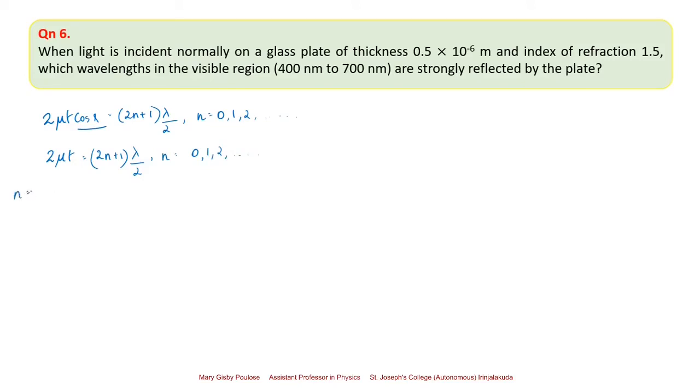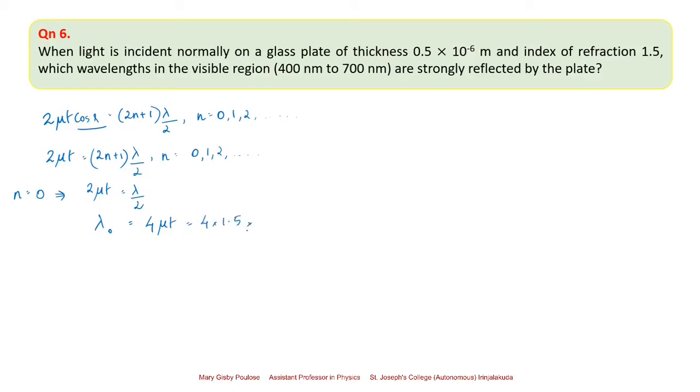So when n is equal to 0, we get the condition 2 mu t is equal to lambda by 2, right? So the wavelength when n is equal to 0, that is lambda naught, can be calculated as 4 times mu t.